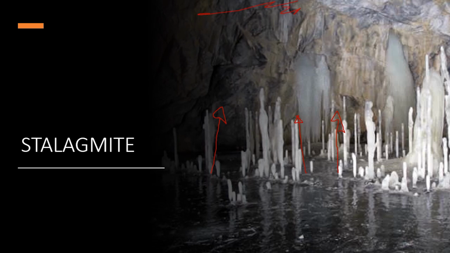So it erodes from the top and then it drips down onto the ground. And when this limestone drops down on the ground, it's deposited little by little until it's reaching up, go up, go up. Okay, so this is caused by the deposition of the limestone.